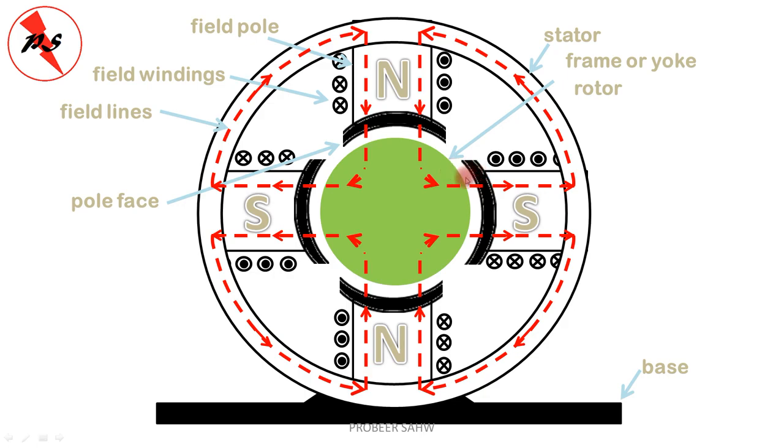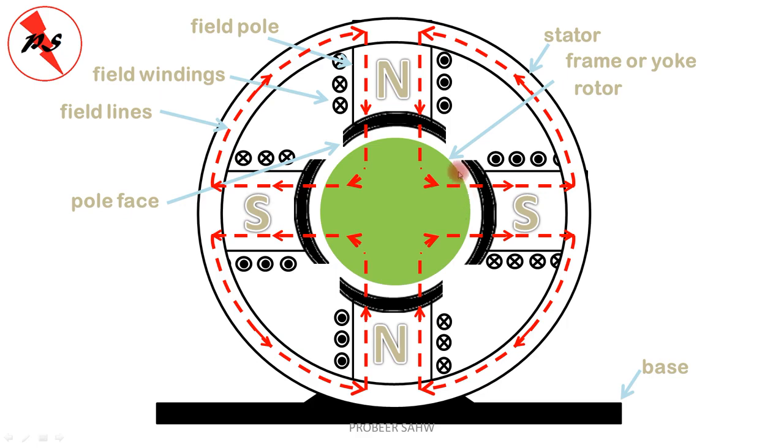Now the air gap is uniform everywhere. Again, do remember that for representation and analysis purposes only, I am showing this much gap between the field poles and the rotor, whereas in an actual machine this air gap is very minimal.